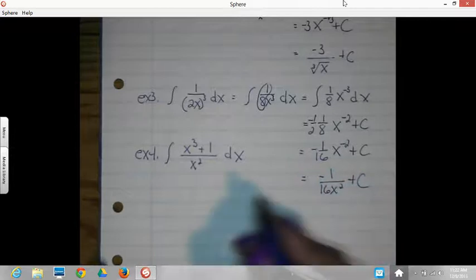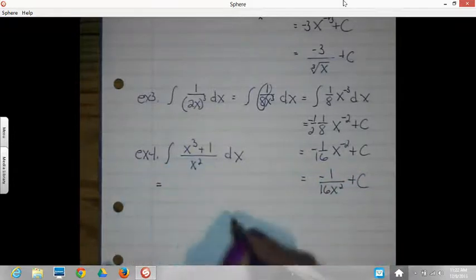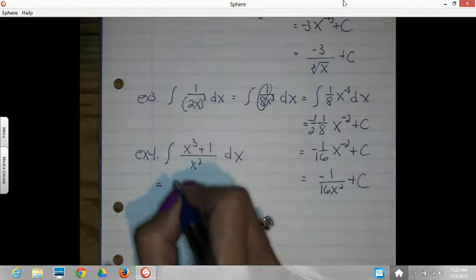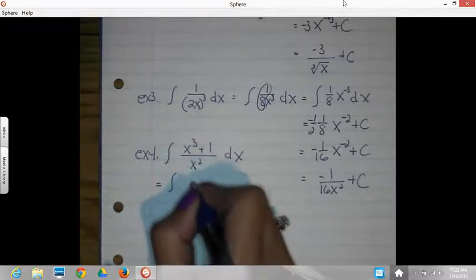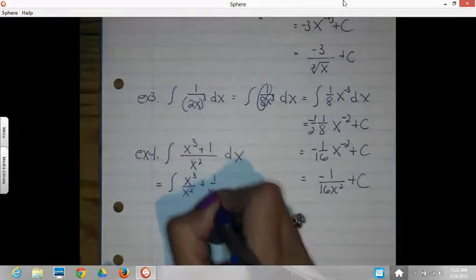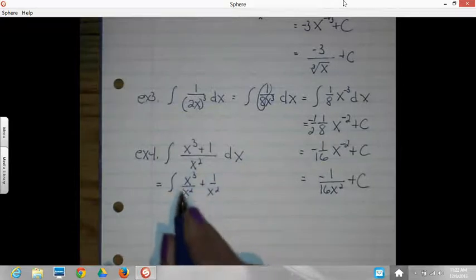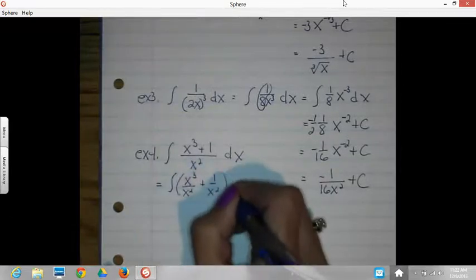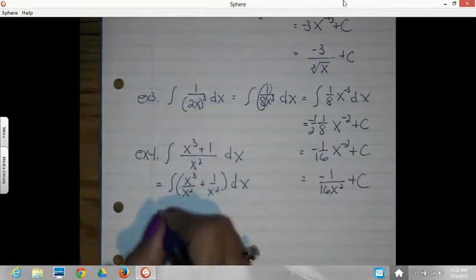They both ways work. I'm going to distribute first, break it apart and distribute. So I'm going to go with x cubed over x squared plus 1 over x squared, separating the two terms, so now I have two separate fractions to work with. And I'll simplify each one.